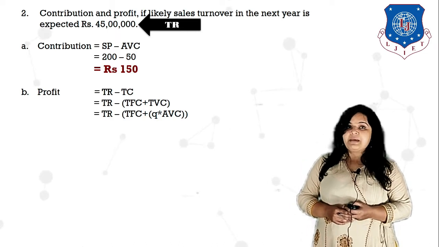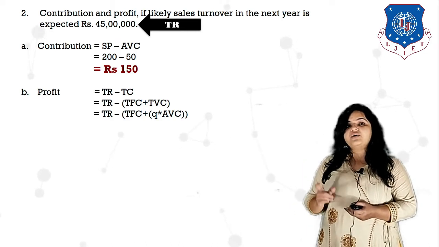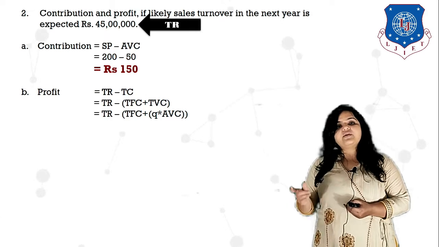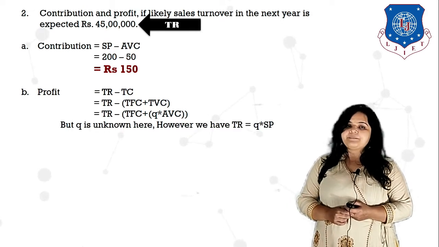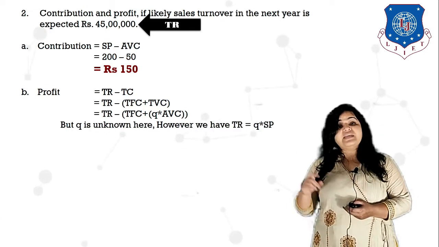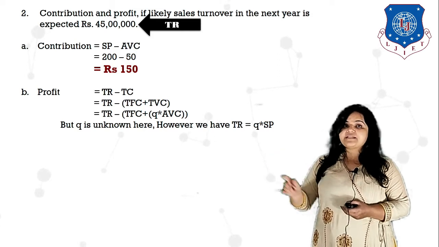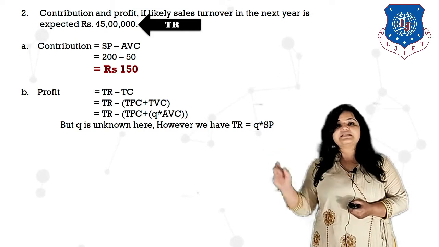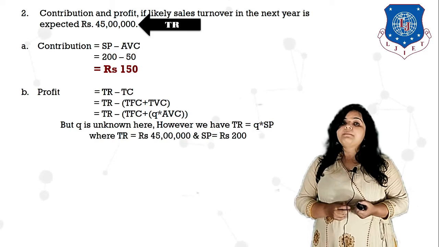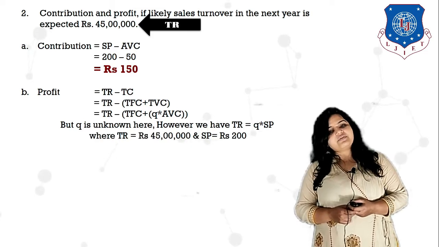Students, if you remember, TR or total revenue is equal to Q into SP. So, we know SP or selling price here, which is equal to 200 rupees. We can easily find Q because we have TR is equal to 45 lakhs.